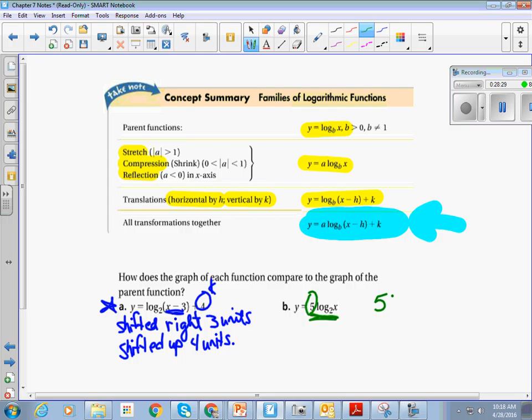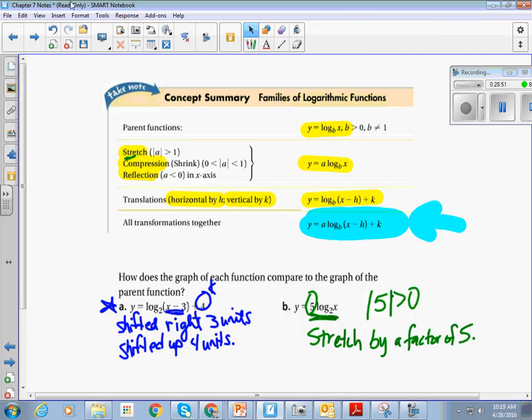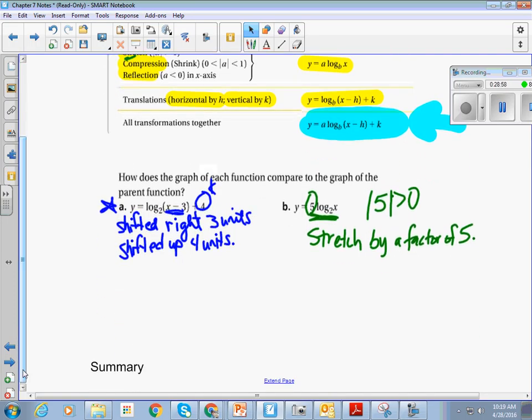Since the absolute value of 5 is greater than 1, we are going to have a stretch by a factor of 5. Because he is positive, there is no reflection. And that's it for today's lesson.